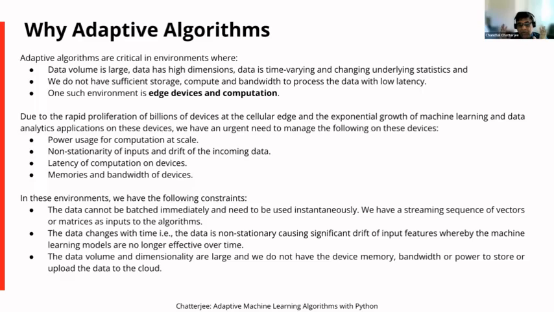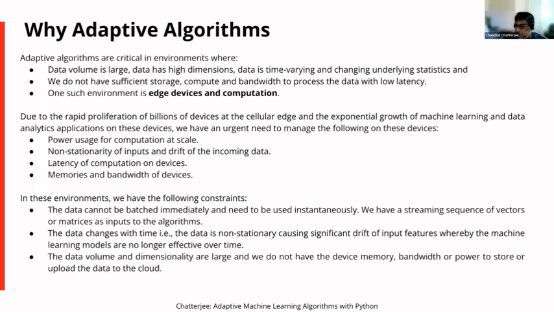So we need to do all the computation without running out of power, and we need to handle non-stationary data. We need to do this at low latencies, and we need to do it at small memory and bandwidth requirements.